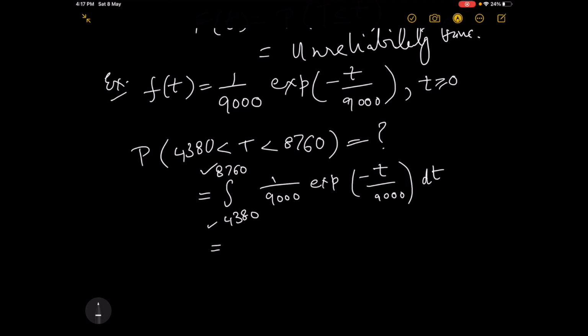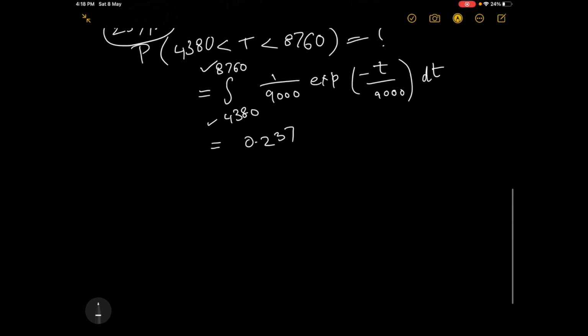After a little mathematics, the integral works out to indicate that the probability of failure of this particular component, which follows this exponential distribution, during the interval from 6 months up to 1 year is 23.7%. So this is the kind of assessment we are able to make in reliability measurement.